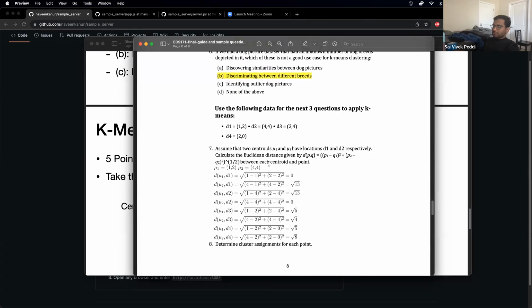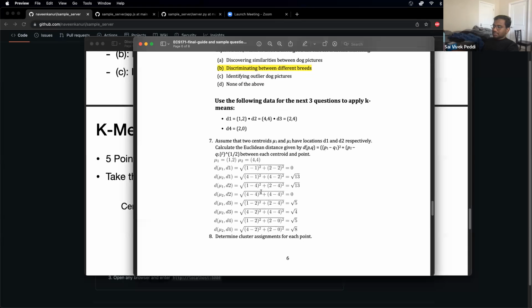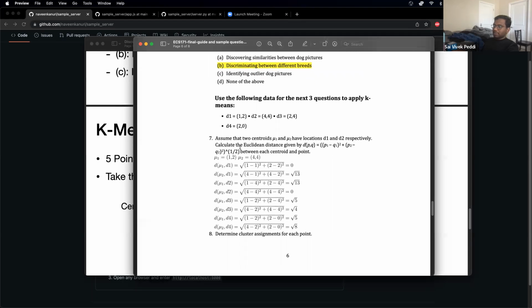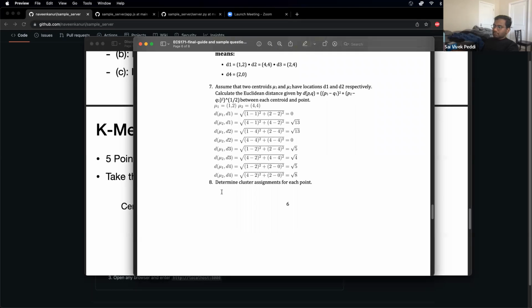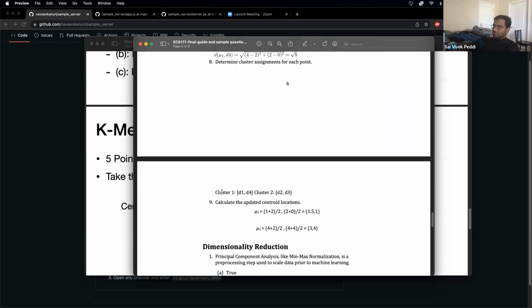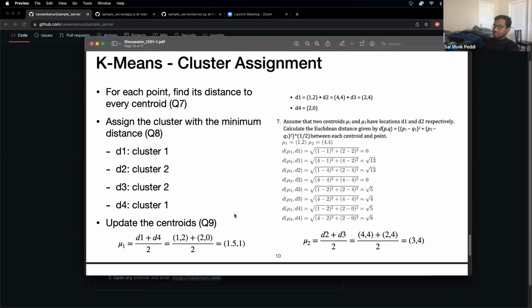Assume the two centroids have these locations. This is also a pretty easy question. Essentially, you are figuring out the distance between the given centroids and each of the data points. The next question is cluster assignment.